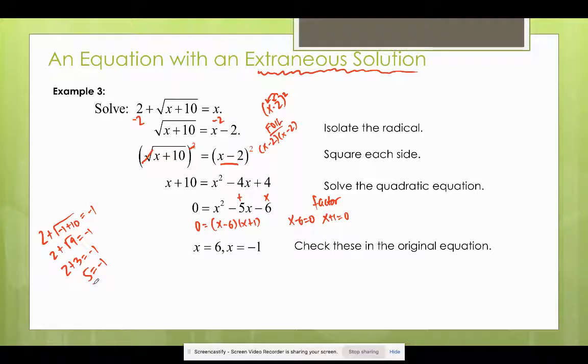Something's a little off, right? Not true. What this means is x equals -1 is an extraneous solution. Okay? So my only answer is x equals 6. Okay? Our work was good. Sometimes we come up with a solution that just doesn't work in that original equation, so it's not really a solution.